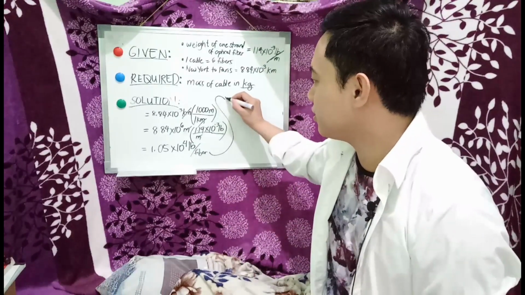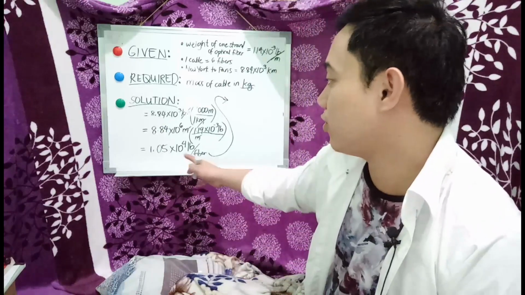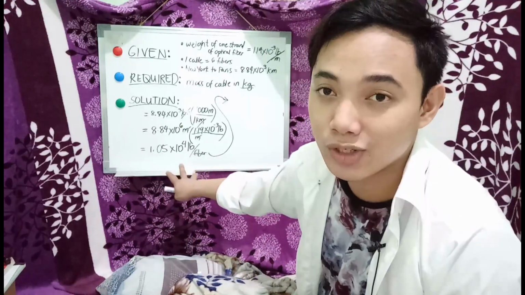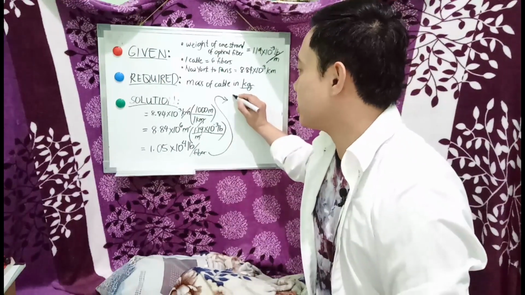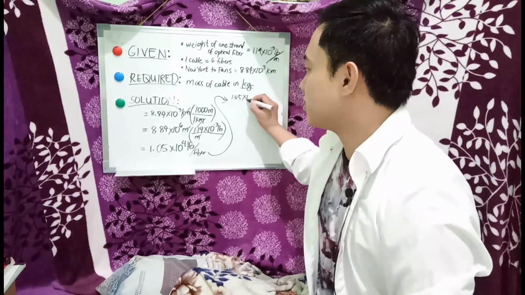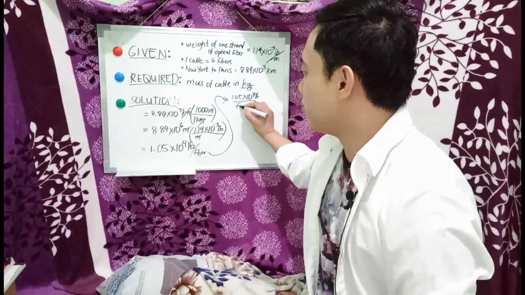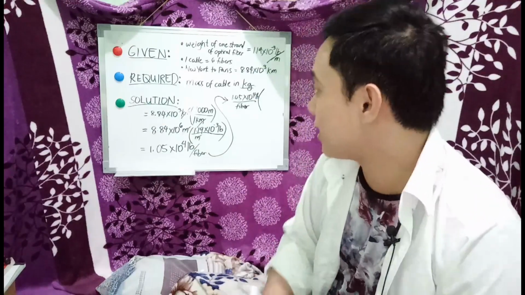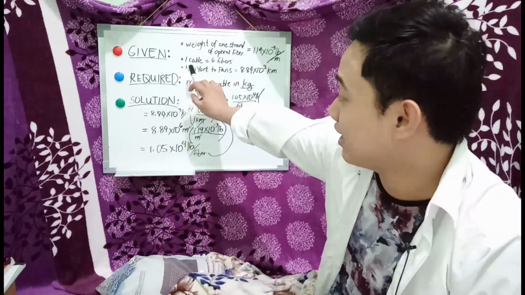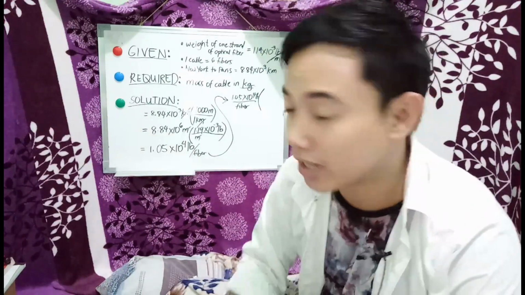Proceed pa rin tayo sa conversion niya. So, unit niya is pound per fiber, let's say 1.05 times 10 raised to the power of 4 pound per fiber. I-multiply mo na ngayon siya sa given. Diba sa isang cable, there's 6 fibers. So, gagamitin natin siya as conversion factor.